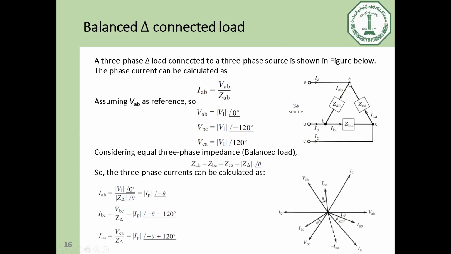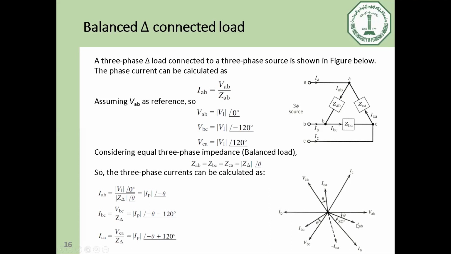Just apply Kirchhoff current law at node number A. So we can say that IA plus ICA equal to IAB. So if you would like to get IA, it's equal to IAB minus ICA. Here in the phasor diagram, this is IAB.